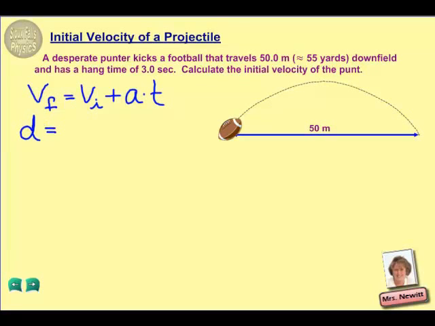The distance of an object is equal to its initial distance plus initial velocity times time plus 1/2 a t squared. Now remember that both of these equations, when we apply them to projectiles, the important part is simply to determine which pieces of those equations we're going to need.